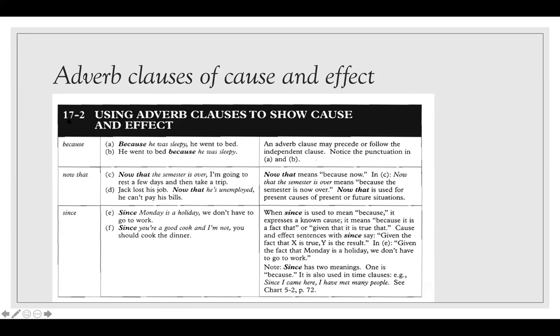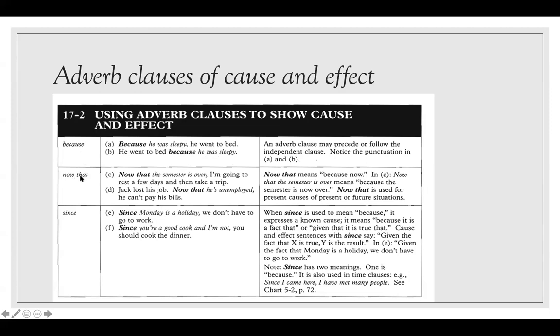So because is used to describe cause and effect. I did this because, etc., right? Porque. Because he was sleepy, at the beginning, comma, he went to bed, independent clause. He went to bed because he was sleepy. Because he was sleepy is the adverb clause, there is no comma.